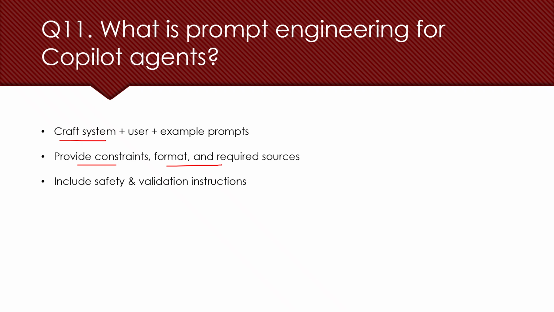It also includes instructions about how aggressive the agent may be, whether it should take actions, and embeds validation checks and security and safety, so that the agent should ask for confirmation before any destructive operations like deleting data.